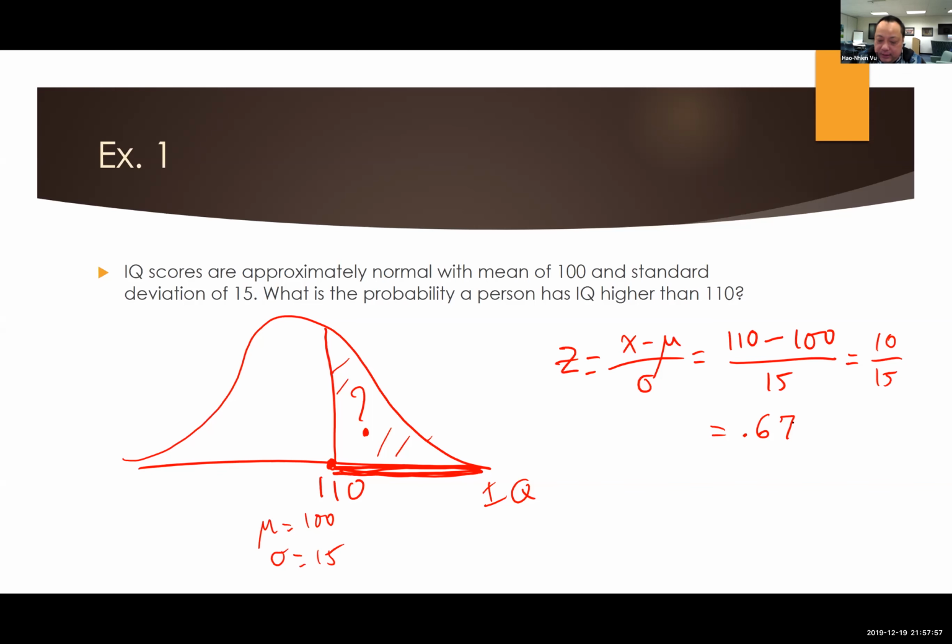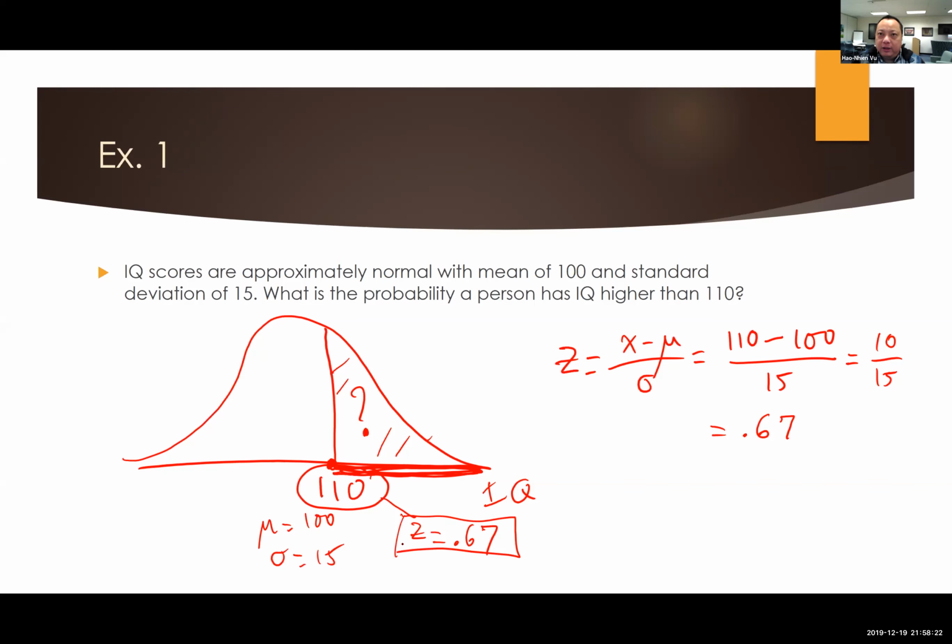So, right now, note that there's no z on this diagram, right? But z takes the place of 110. So this says z is equal to 0.67. So z is the number on the edge. So I'm still going to find the number on the edge and look up what the area is, okay? So this 0.67 is the known information.